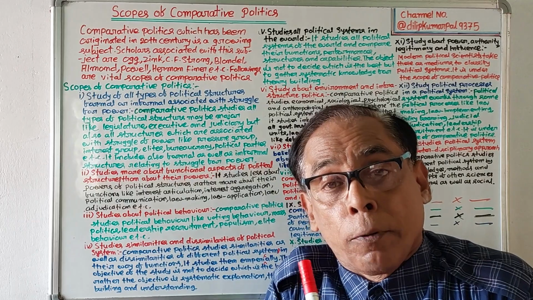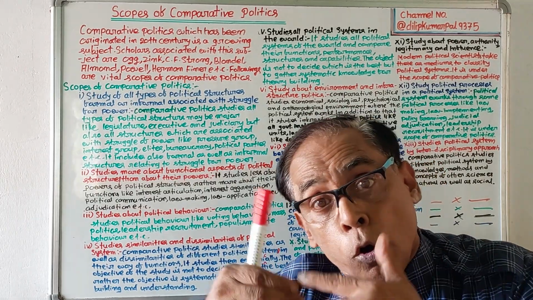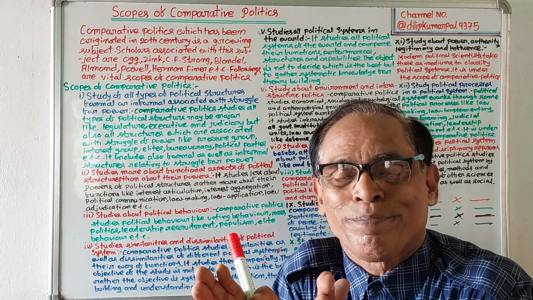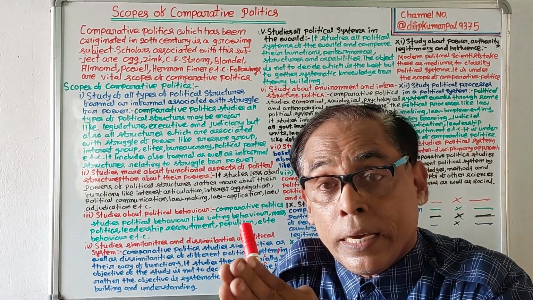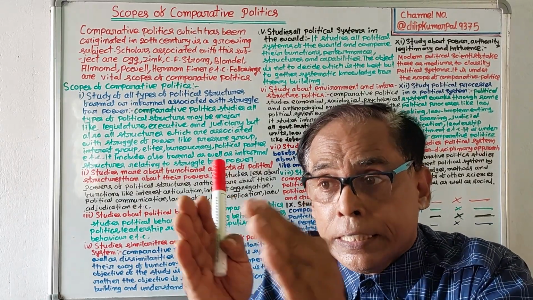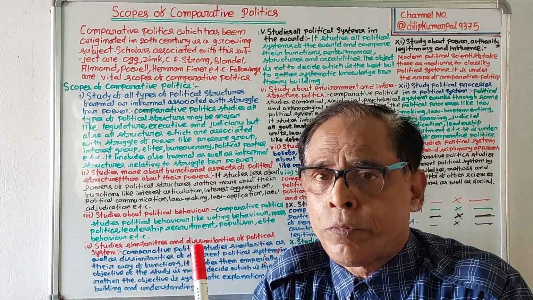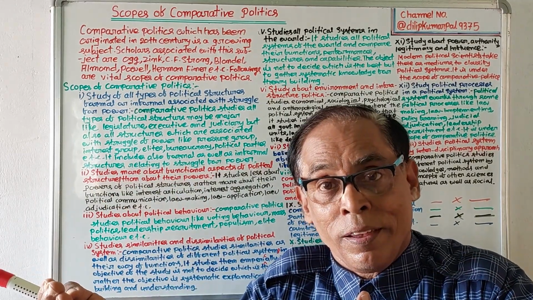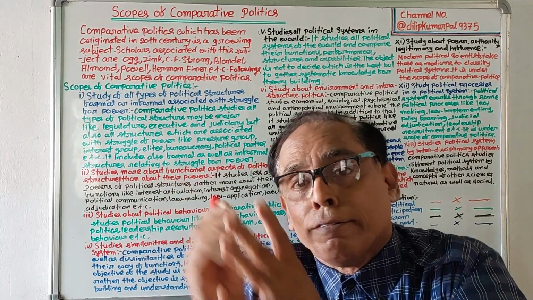Another scope of comparative politics is that it studies more about the functions of political structure than their composition and powers.